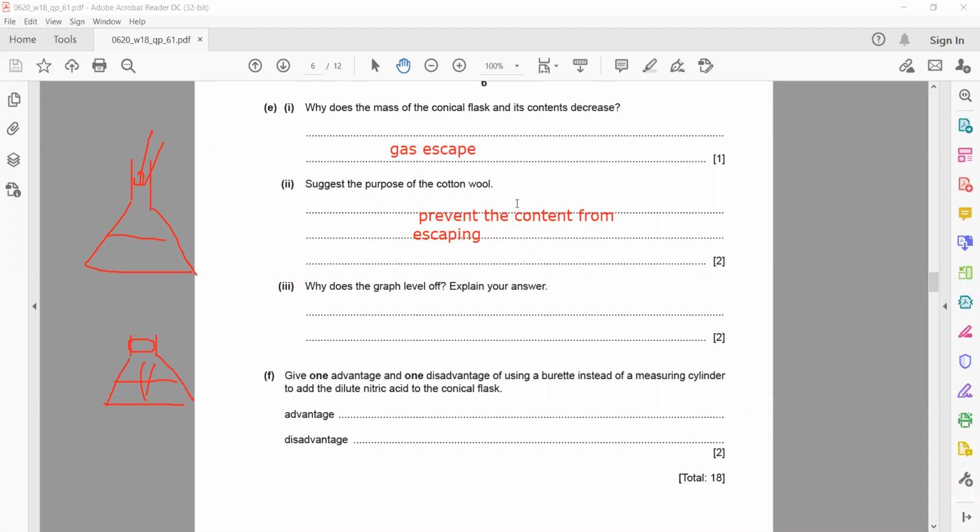If you write reactant used up, then you will not get the mark. Acid used up or no more limiting reagent. So reaction stops. Give one advantage and one disadvantage of using a burette instead of a measuring cylinder.